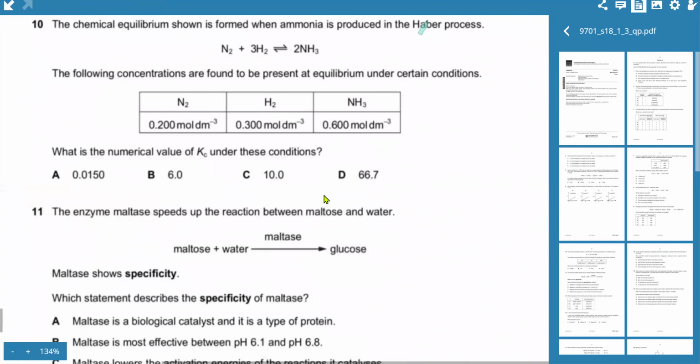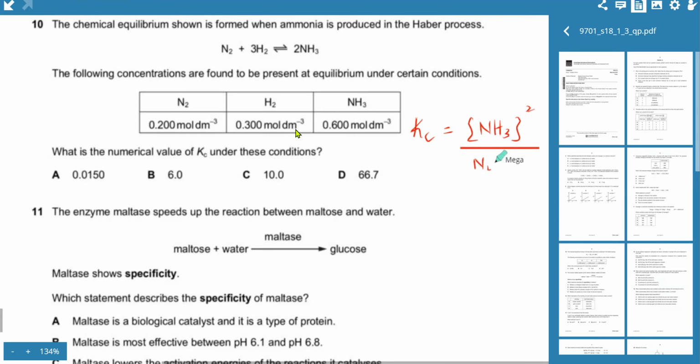So this one, the following concentrations are found to be at equilibrium under certain conditions, and you're given certain conditions. What is the numerical value of Kc? That's easy. You're already given the equilibrium concentrations. You don't have to actually find the equilibrium concentrations. So they've pretty much given you the values. What you just have to do over here is write the expression for Kc, which is going to be products over reactants. It's going to be NH3 concentration, and that's going to be squared. And the whole thing would be divided by the concentration of N2 and H2.